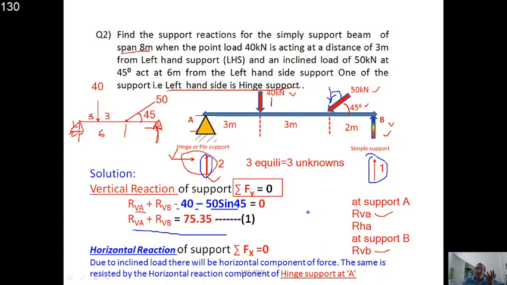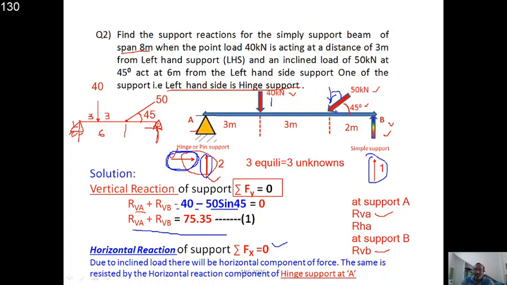We require a total of three equations to solve. A horizontal reaction is also there because it is a hinged support and there is an inclined load, hence we get a parallel force. So we apply sigma Fx equals 0. From the figure, this is the reaction component for the horizontal force, and this is the action.